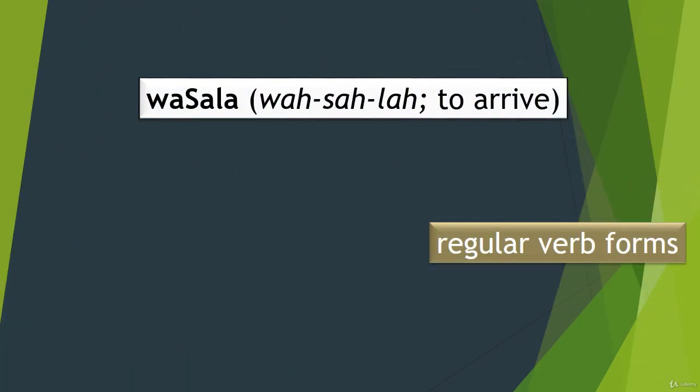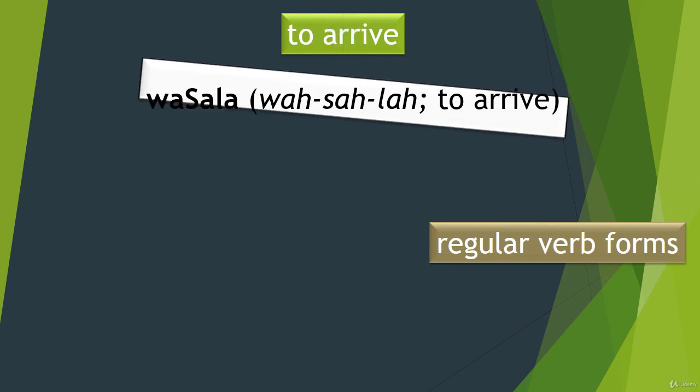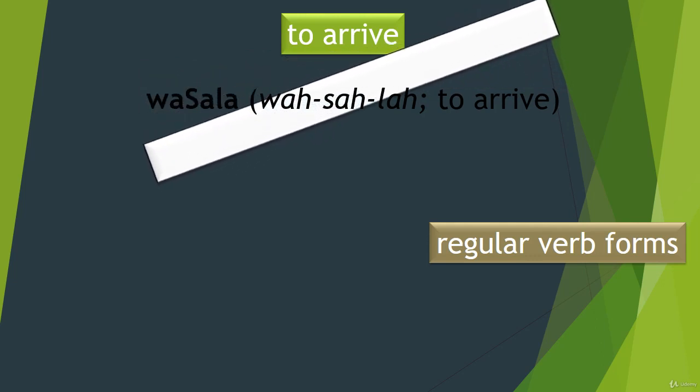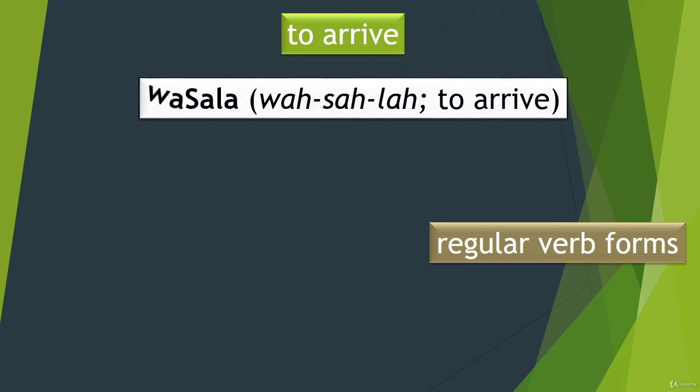A brief departure on the verb to arrive. A helpful verb to know when you are traveling is wasala, to arrive. You can also use the verb wasala to express to arrive, to land, or to come. Even though wasala has three consonants and therefore should fall into the mold of regular verb forms, it's still classified as an irregular verb.